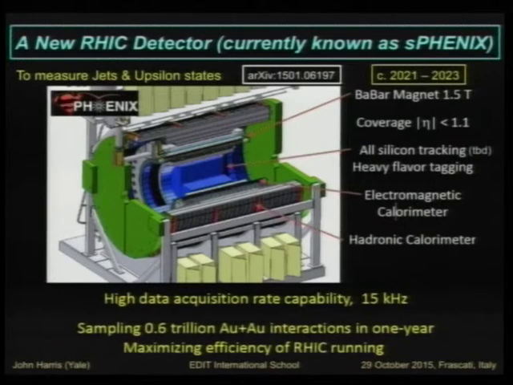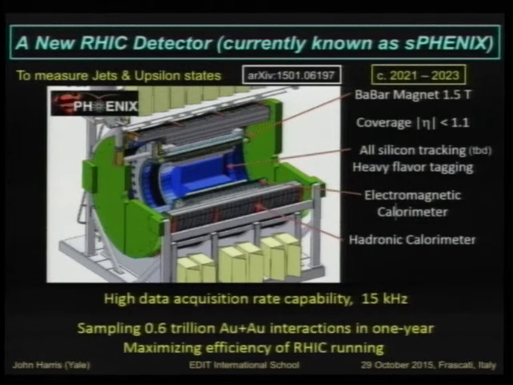So that's the plan for this new RHIC detector, which is going through conceptual design and approval and is expected to run, it had better run, in 2021 to 23 because the next thing I show you will be coming along right afterwards. But again, what's new here?